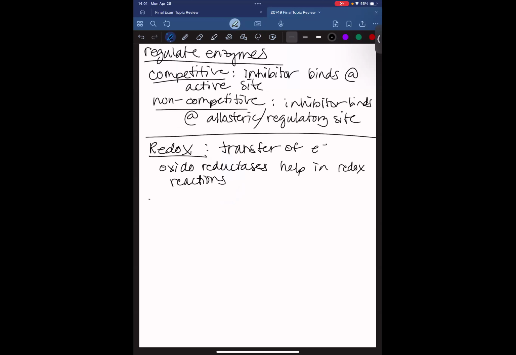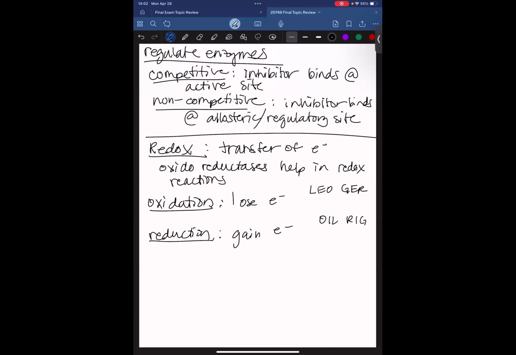So what is oxidation? And what is reduction? Lose electrons, right? Lose electrons, gain electrons. And so you guys can remember this from either LEO says GER or from OIL RIG.